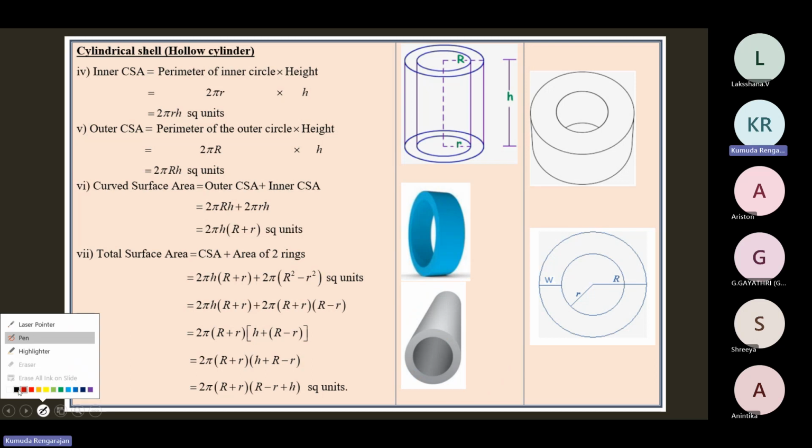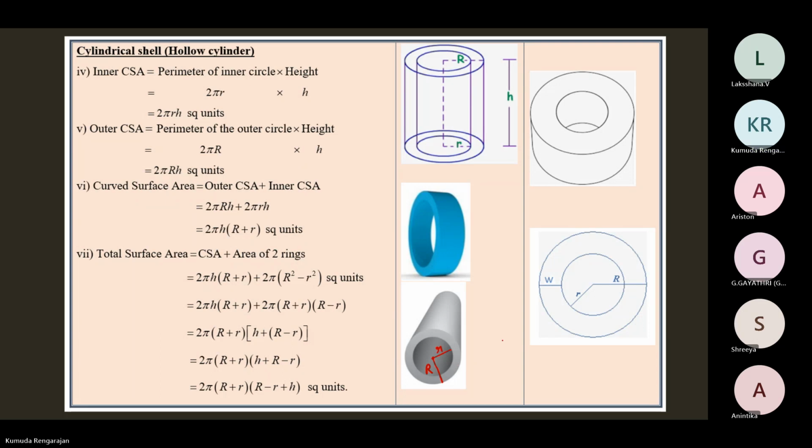From the center to the inner wall is the inner radius, smaller r. From the same center to the outer wall is capital R, the outer radius. And this is the thickness of the wall, which is given by R minus r, represented by the letter W. W is equal to R minus r.